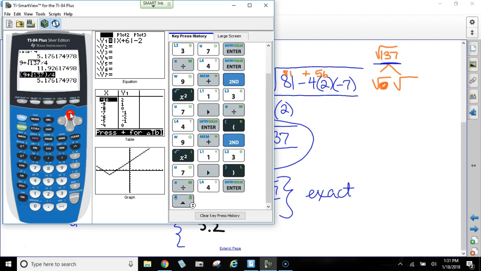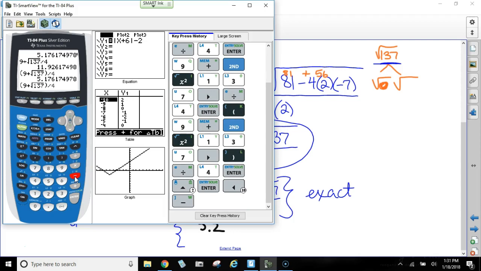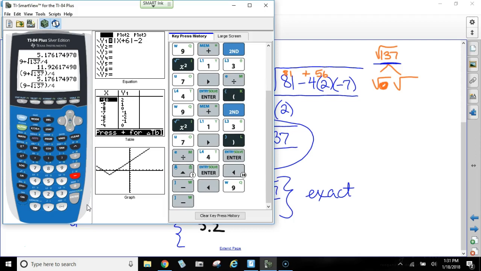When we estimate the other solution, what I like to do is cursor up on a calculator like this and grab the previous expression, and then you can just edit a little bit. So I'm going to cursor back and change that plus sign to a minus, because I want to know what is 9 minus the square root of 137 over 4.